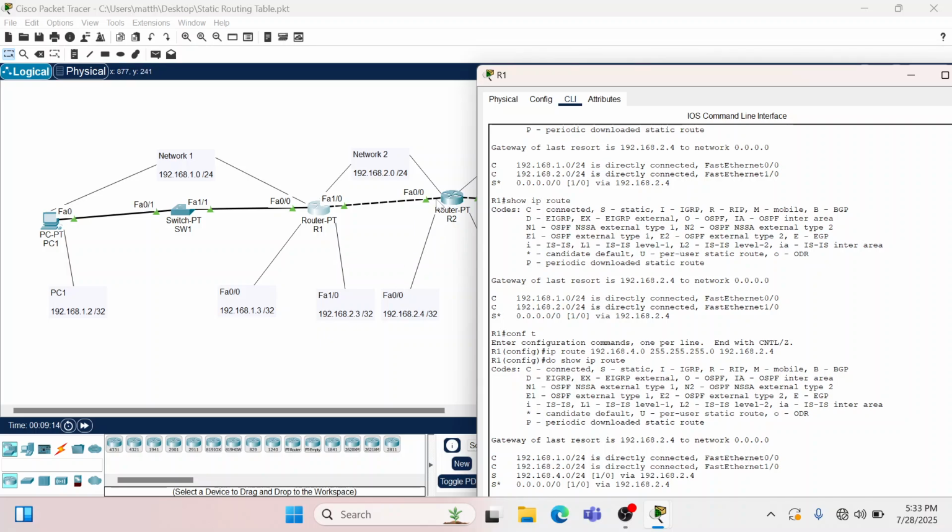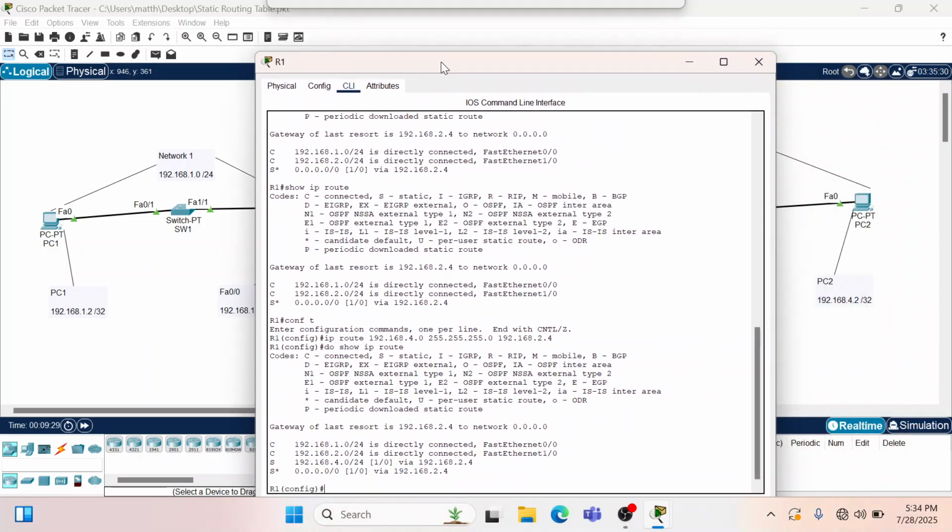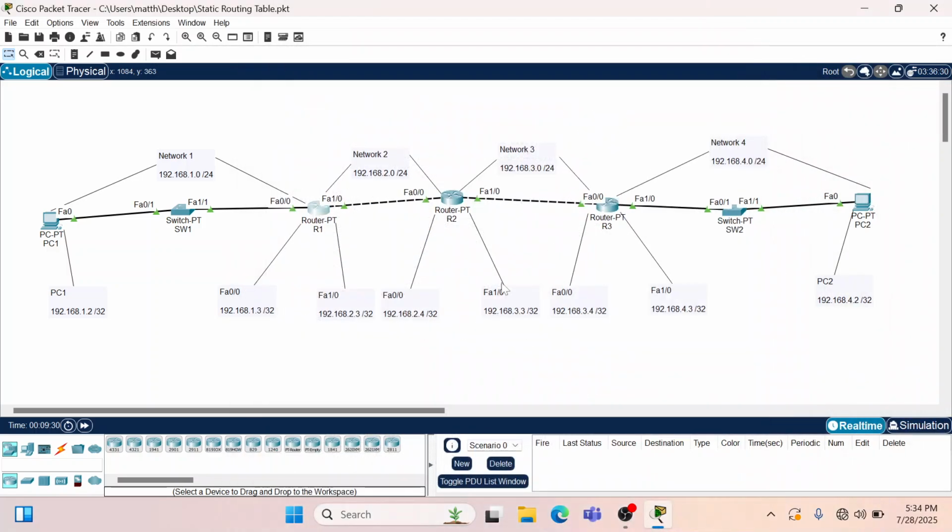So it knows that if I'm trying to go to network 4, I need to send my traffic out this interface to this IP address on router 2. Now that router 1's configured, let's configure router 2.